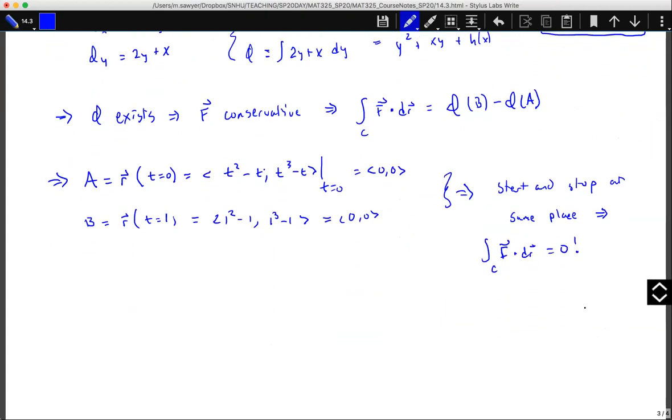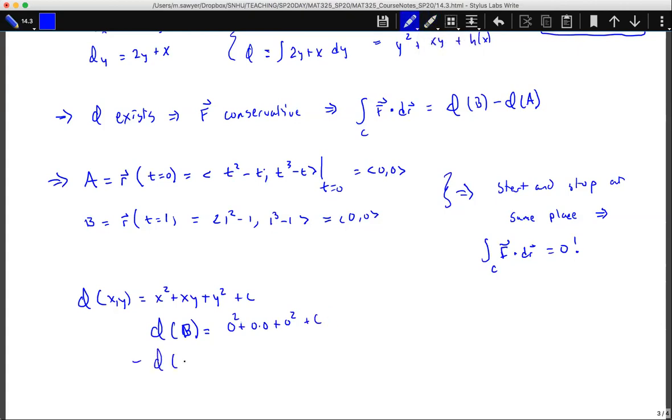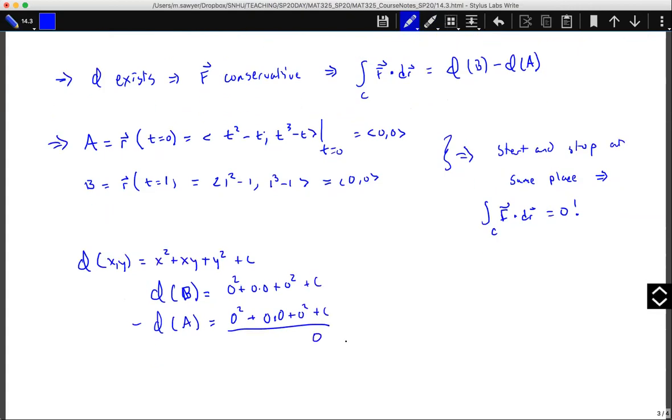And we can check this because if we said our phi of x comma y is equal to x squared plus xy plus y squared plus c, phi of B is equal to 0 plus 0 times 0 plus 0 plus c. This is our phi of B minus our phi of A, which happens to be the same thing. We get equal to 0.